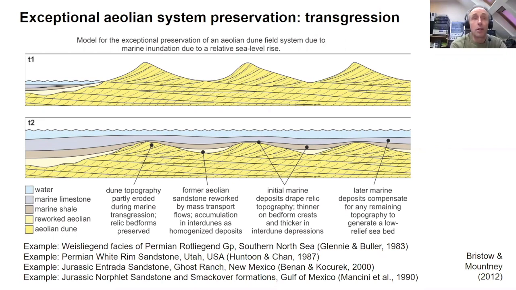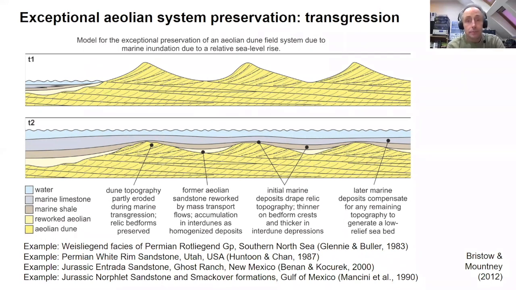At time 2, the lower diagram shows this relic topography, and it's partly degraded because the crests of those dunes have been reworked during the transgression, and some of that material has been slumped down into what would have been the intervening hollows, the interdunes between the dunes. So again, a rather special mechanism for Aeolian accumulation.